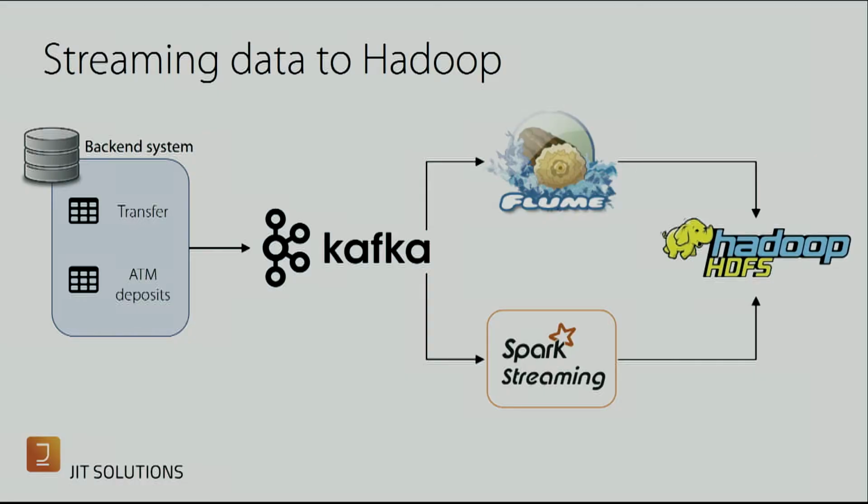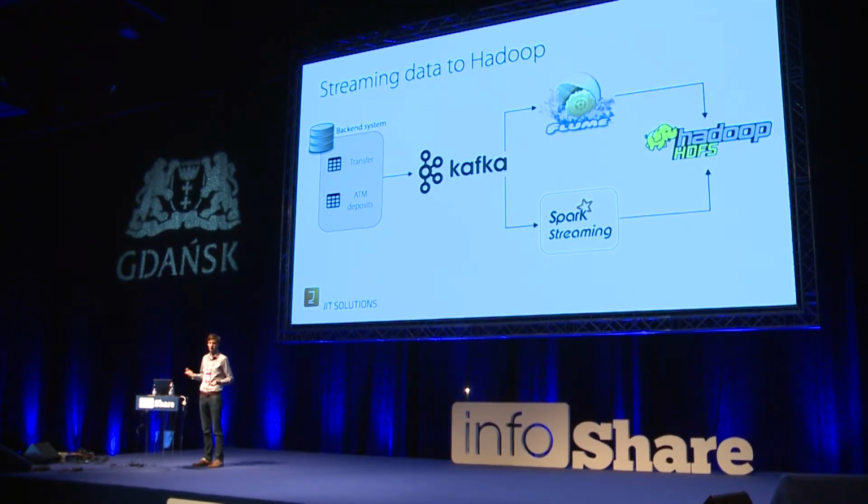For the sake of our demo, let's just assume that our backend system is automatically pushing messages to that queue whenever something new arrives. So once it lands in the message queue, what can we do with that? If we want to do just a simple ingestion from Kafka directly to HDFS, the easiest and out-of-the-box solution is Apache Flume.